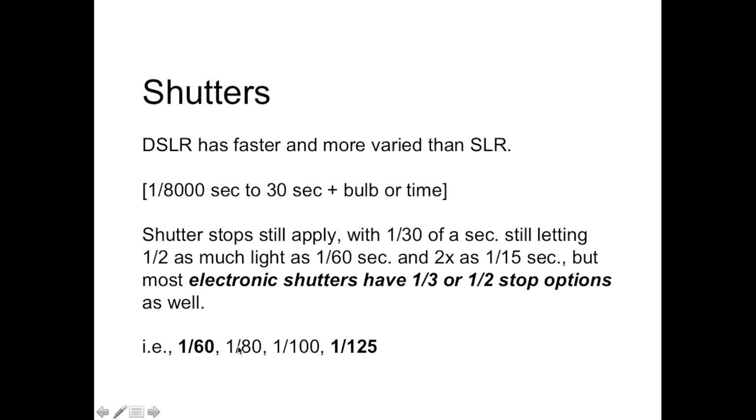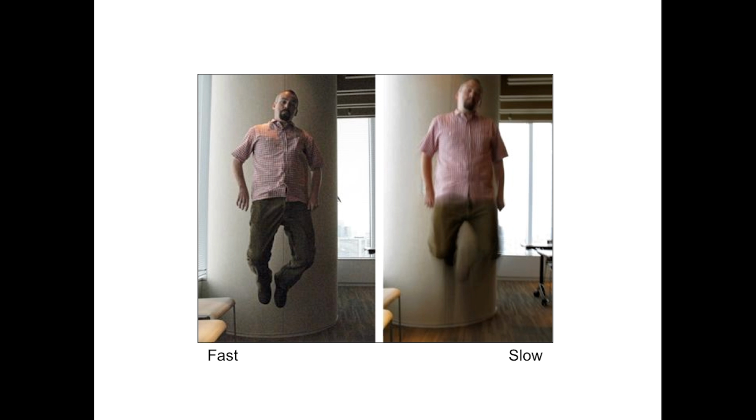But just like your f-stops, most digital cameras have 1/3 or 1/2 stops in between, and some have 1/10 stops in between. Let's talk more about the shutter speeds.